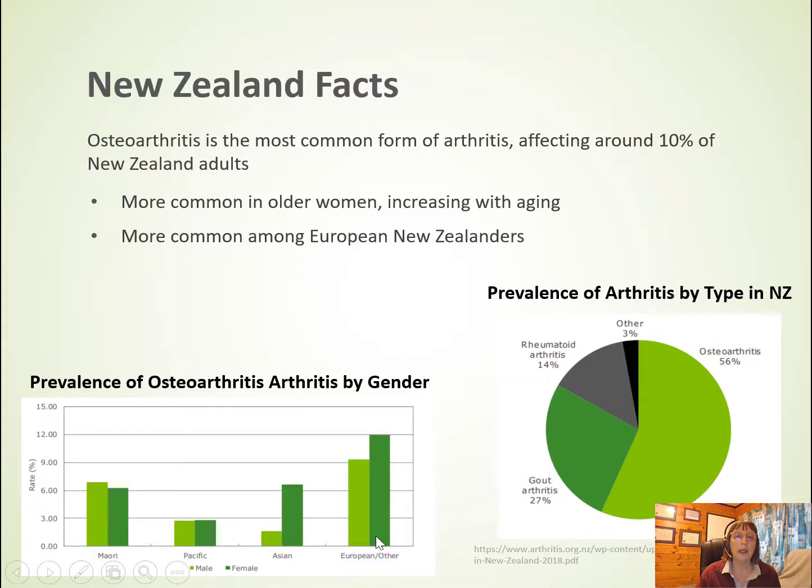I just point out here that the data shown is raw data and it hasn't been adjusted as a percentage of the population. But what we can see here is that osteoarthritis is common amongst Maori. And that concludes our presentation on osteoarthritis.